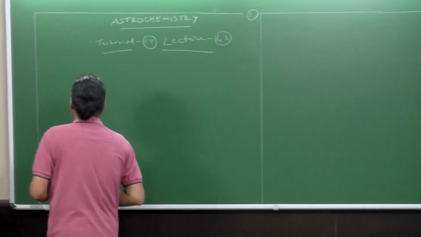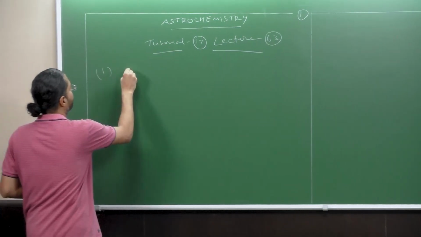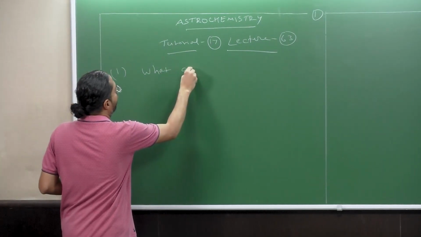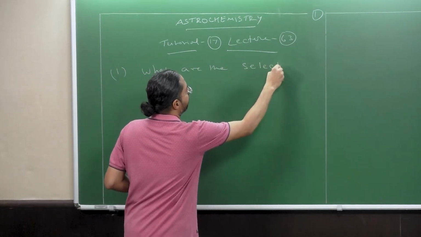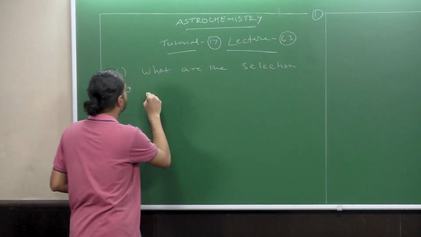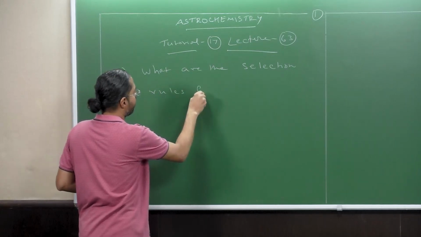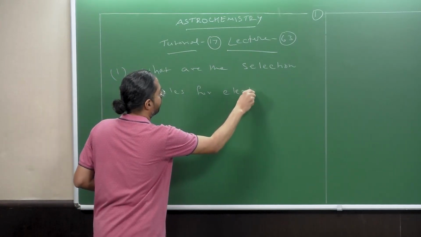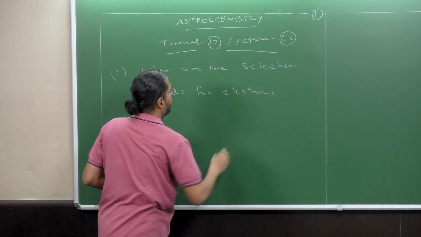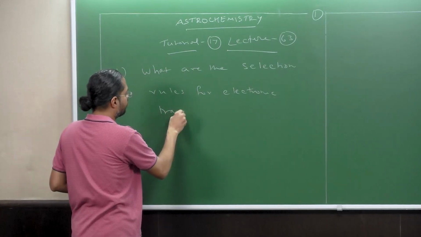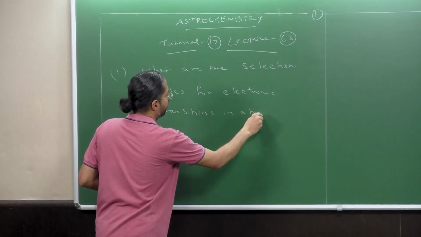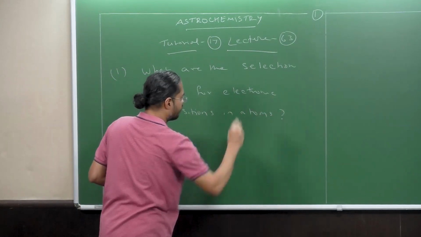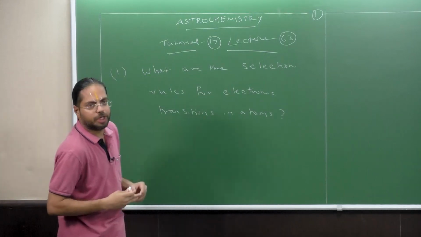The question for today is: what are the selection rules for electronic transitions in atoms? This is what we shall be looking into today.